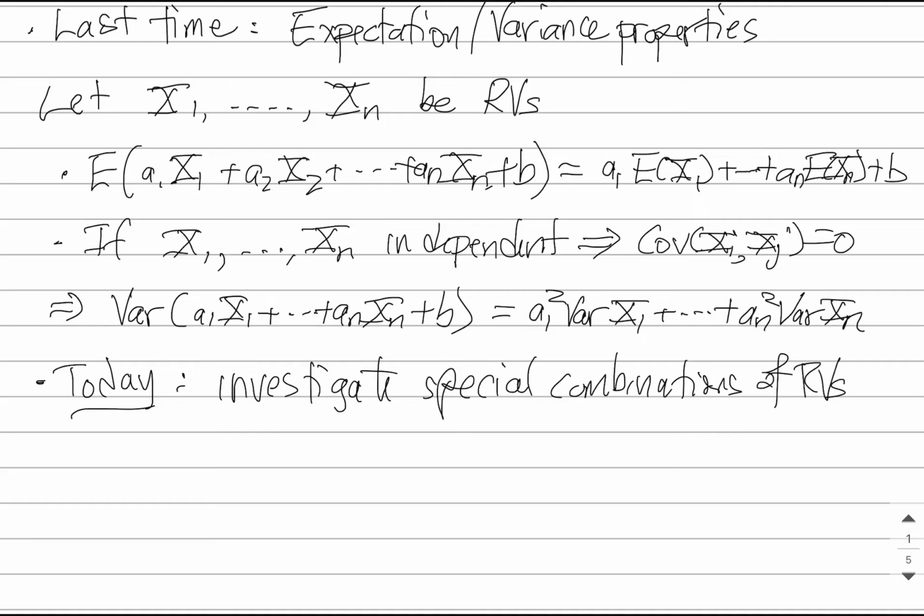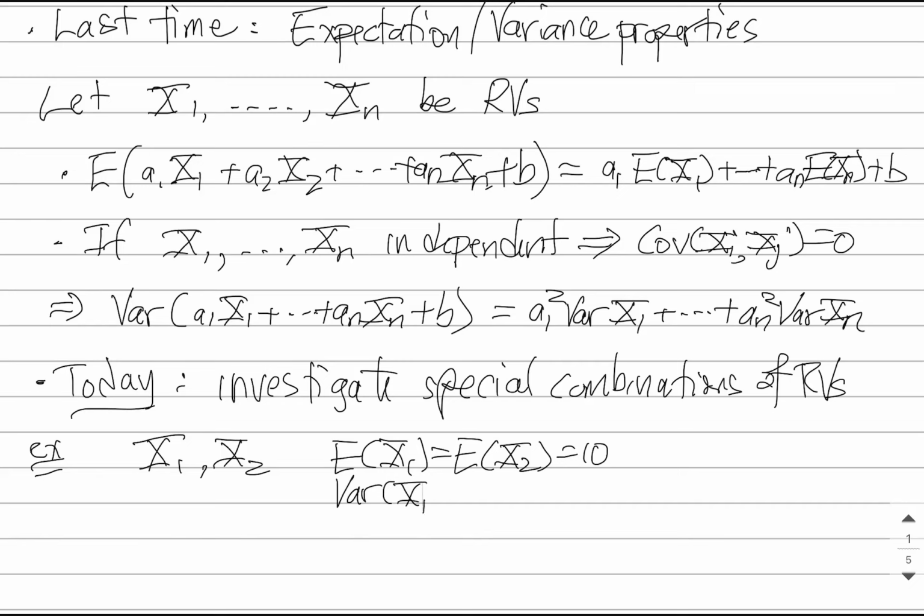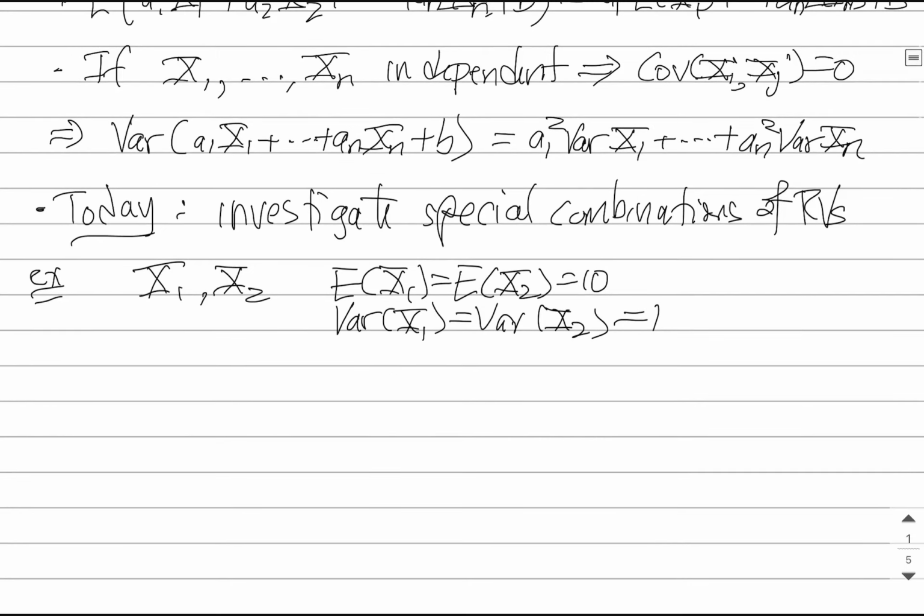Now, the sheet that's attached to this PDF file has an example, and if we have two random variables x1 and x2, and each one of them has the same expected value of 10, and if each one of them has the same variance of 1, we're going to investigate different linear combinations. And we want to see how each of the variance and the expectation are affected.